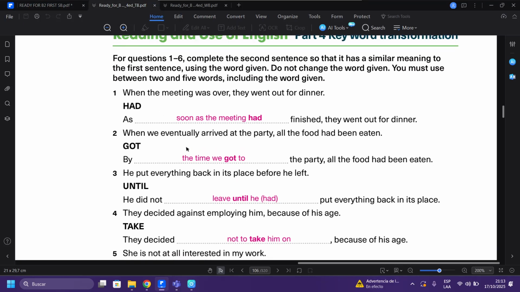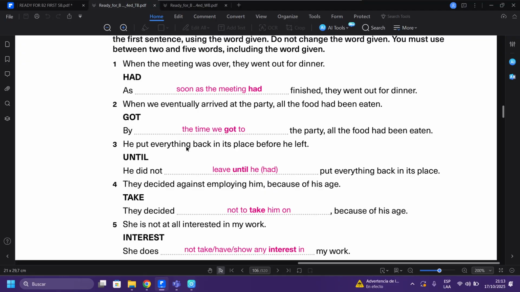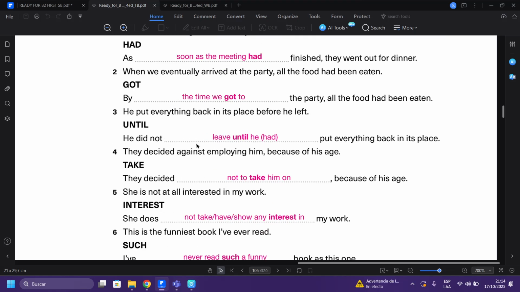Number one, as soon as the meeting had finished, they went out for dinner. That is the answer. As you can see, it is between two and five words. That is the rule, so don't forget. Number two, by the time we got to the party, all the food had been eaten. Number three, he didn't leave until he had put everything back, with had or without had, and it's okay.